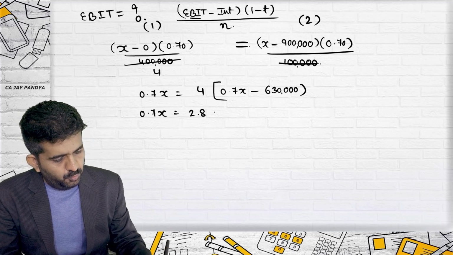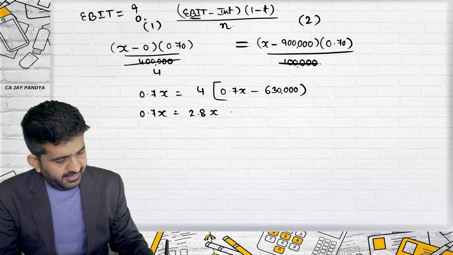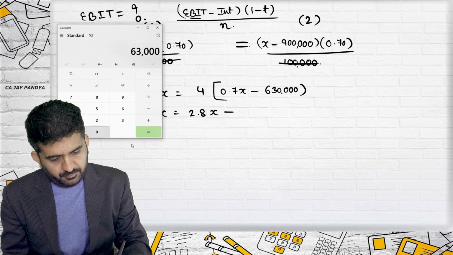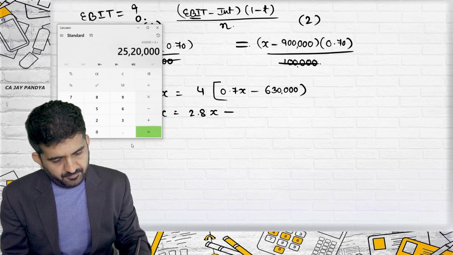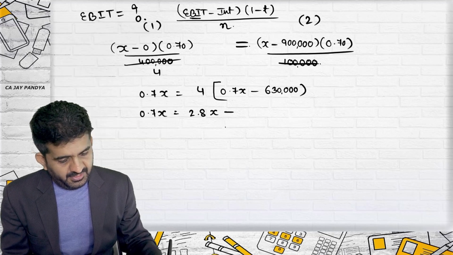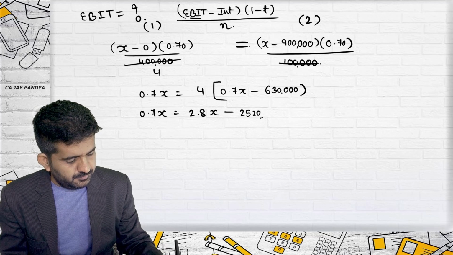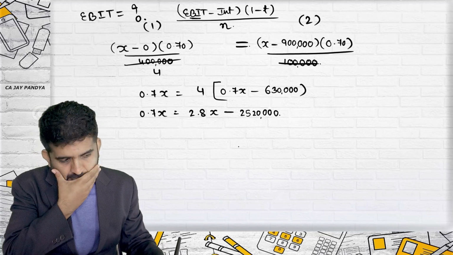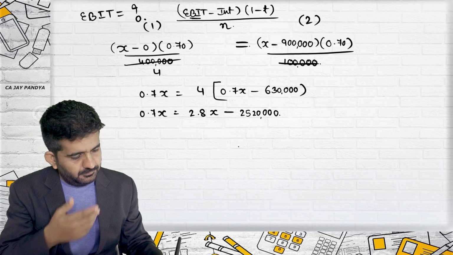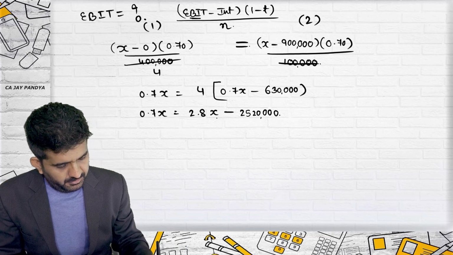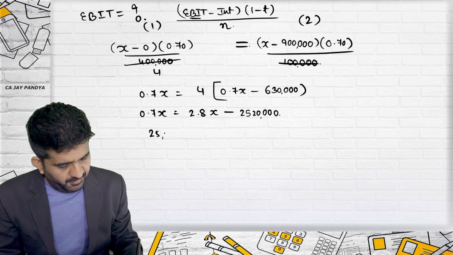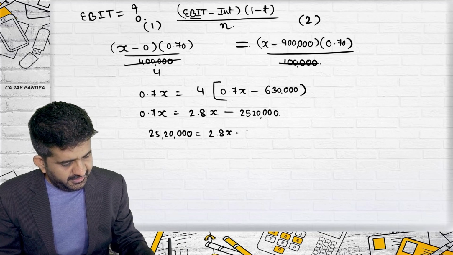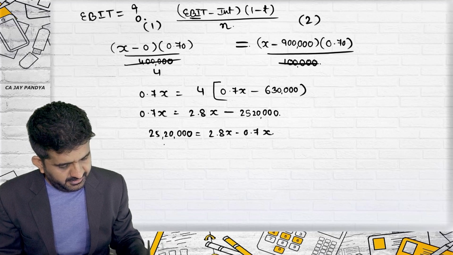This will be 2.8x minus 6 lakh 30,000 into 4, 25 lakh 20,000. This 25 lakh 20,000 will go over here. 2.8x minus 0.7x.